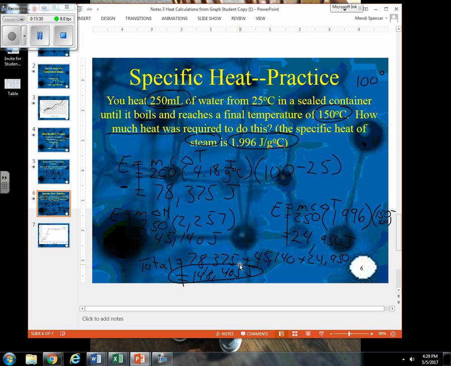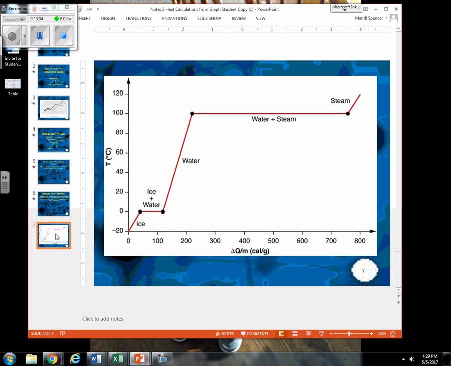Now, to help you picture this a little bit better, here is your phase diagram, or phase change graph, for water. And to help that previous problem make sense, we started at 25 degrees Celsius. So that water was right around here on your graph.